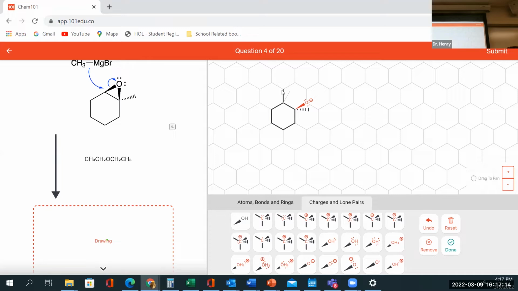How do we get which carbon? This one here? Yeah. From the methyl, the methane, right here.